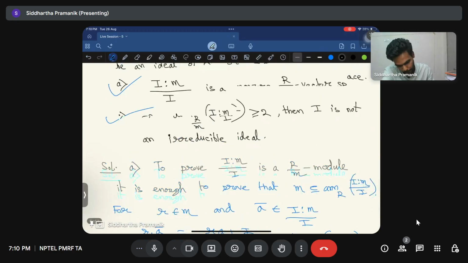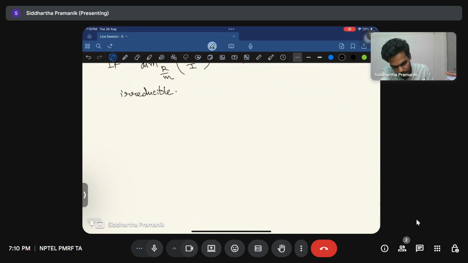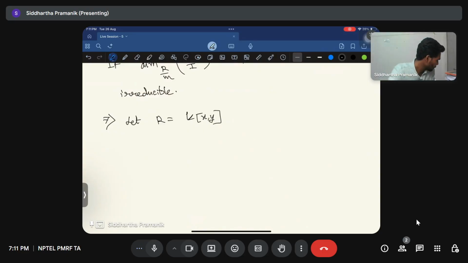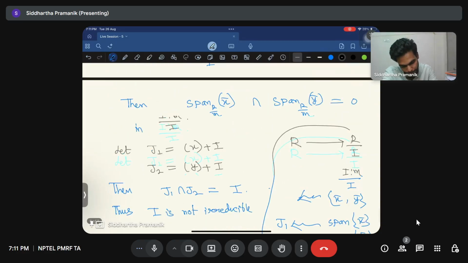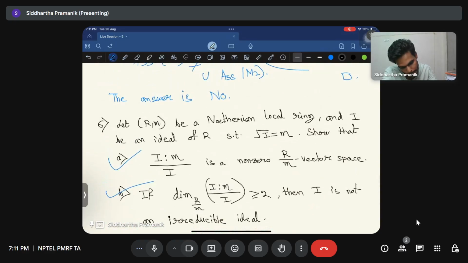Okay, so the next problem, problem number 7. Let R be the polynomial ring k[x,y]. One thing: here we don't actually need local. We can take any maximal ideal.